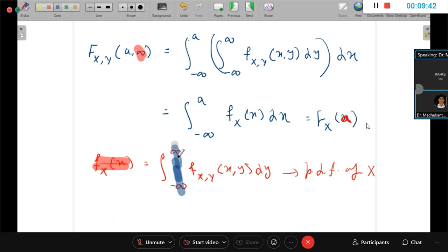If I integrate with respect to x over the whole sample space, then it is going to be the marginal PDF of y, and so on. These things have already been discussed in detail for the discrete case. So this is the continuous version, the limiting case.